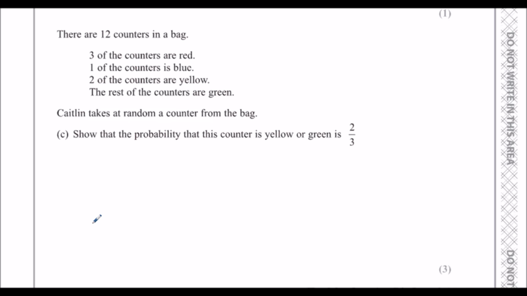Okay, a different question, I think. So there are 12 counters in a bag. 3 are red, 1 blue, 2 yellow, and the rest are green. Caitlin takes at random a counter from the bag.